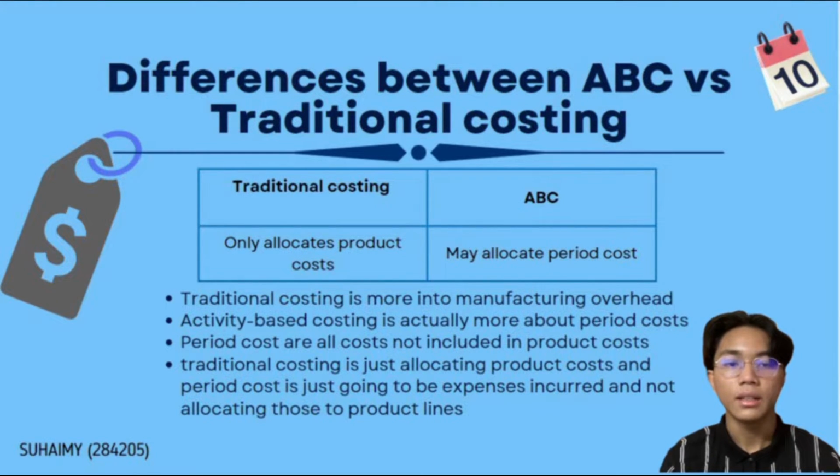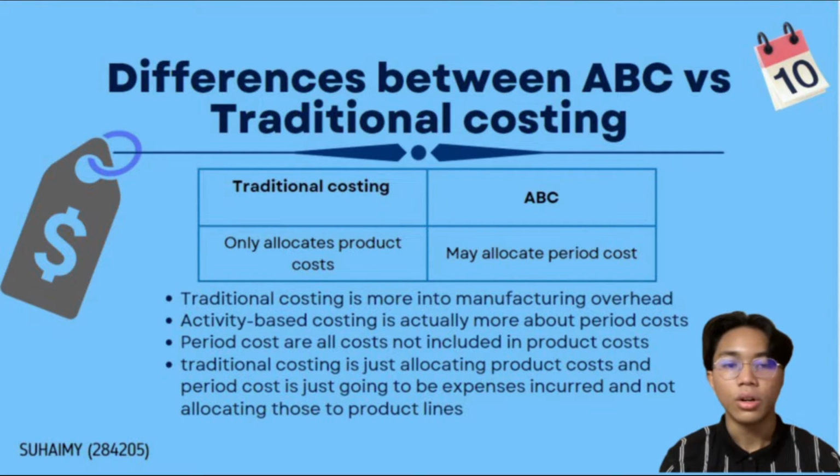On the other hand, activity-based costing is actually more about period costs. Period costs are all costs not included in product costs. Period costs are not directly tied to the production process.